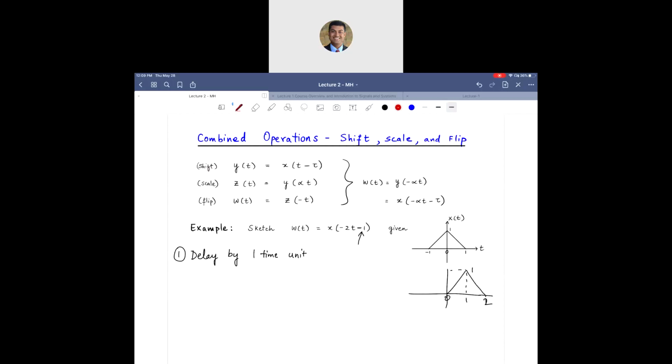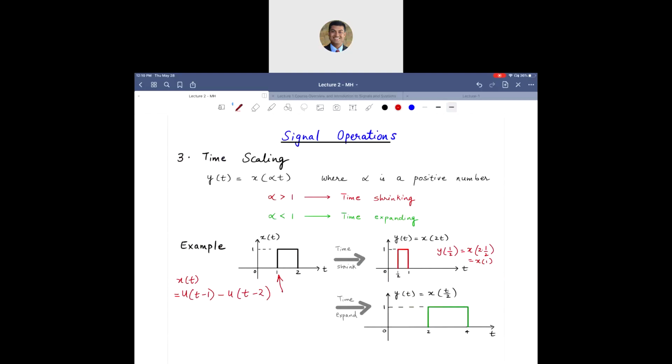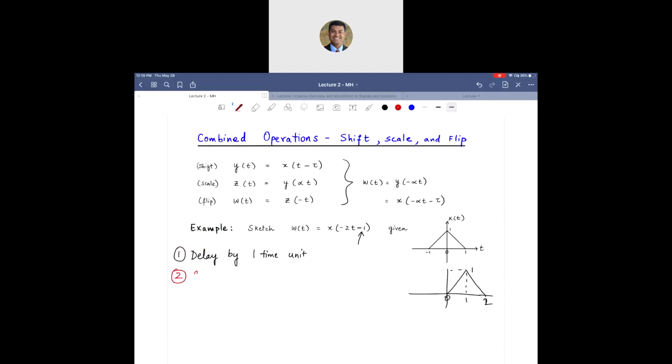Next, what is the second step? The second step is to do the scaling. What are we doing scaling wise? We are doing 2. So alpha is greater than 1. When alpha is greater than 1, what do we have? Time shrinking. Shrink or compress, however you want to think about this.